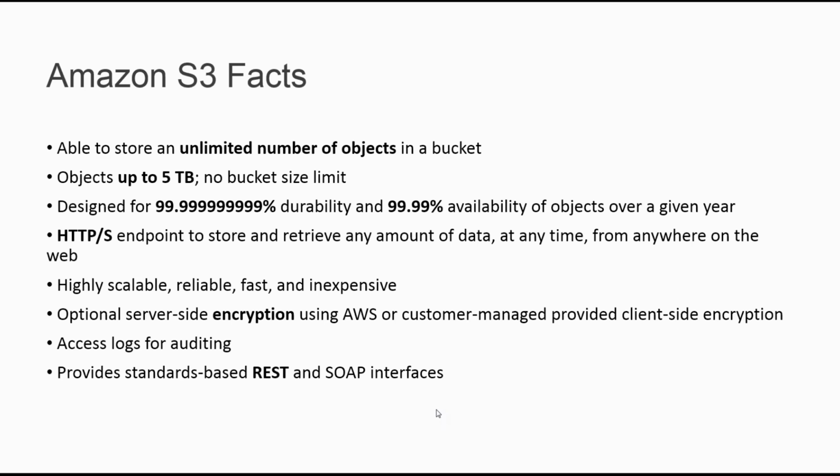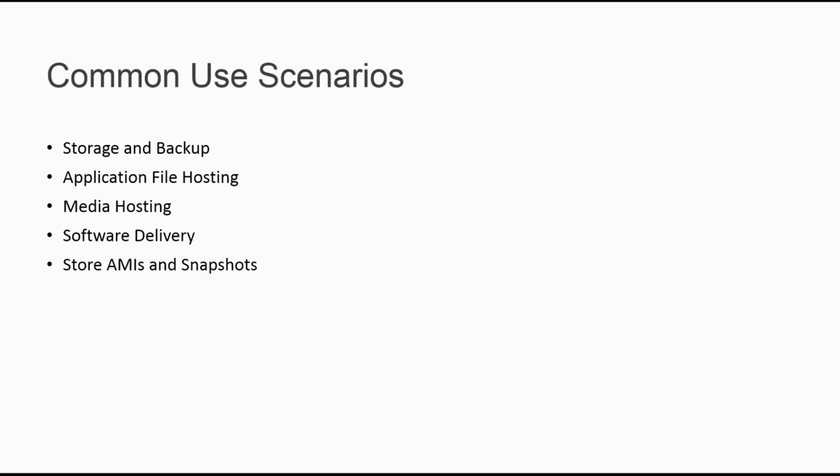If you enable logging, all the access logs get created, showing who used the bucket and did what, right? And you can use it later for auditing purposes. And of course, for all the different types of operations, be it putting an object, deleting an object, or getting an object from S3, you have standard REST and SOAP interfaces available.